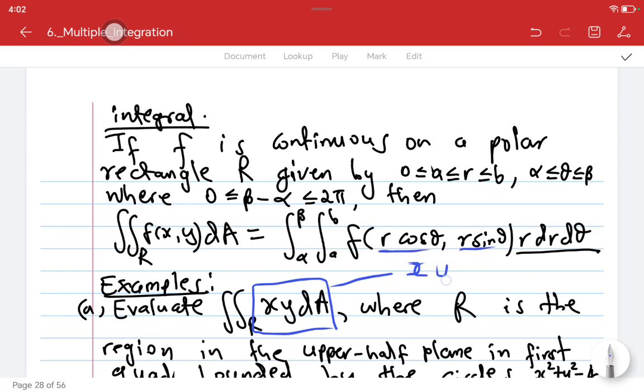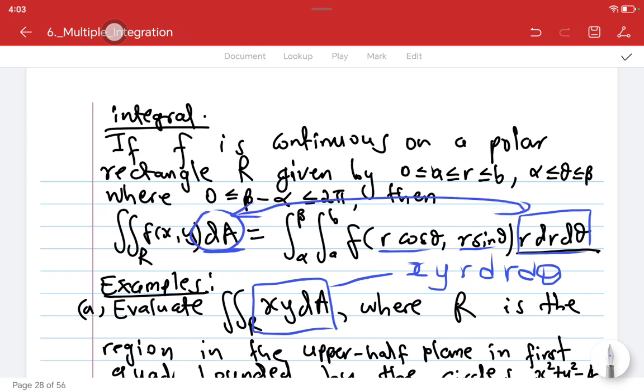Then our y, I'll plug r sin theta. Then this one will be r dr d theta. So this is what I know about dA: dA is equal to r dr d theta. You must always know that that's what you're going to substitute. So this will always be the case.